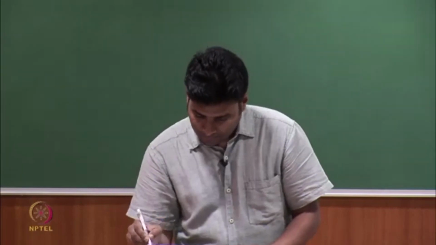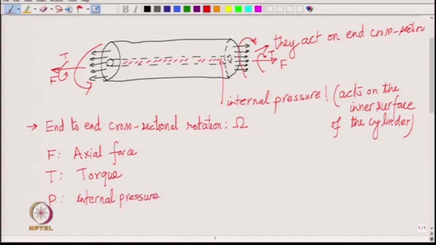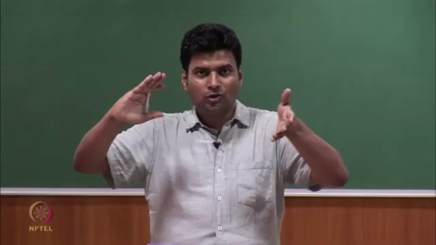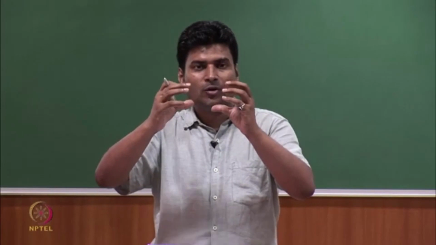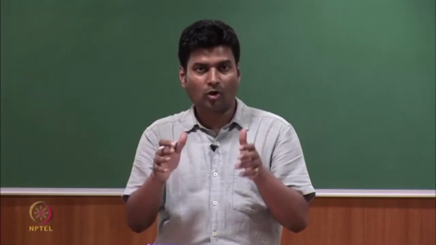Okay. So, the force F is the axial force that we are applying and T is the torque. Okay. And then let us say P is the internal pressure. So, by applying axial force, torque and the internal pressure, we will generate extension, torsion and inflation in this hollow cylinder.